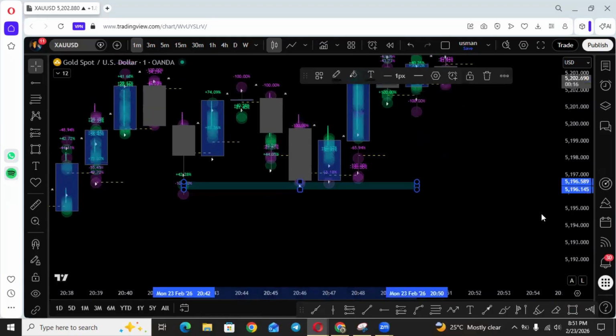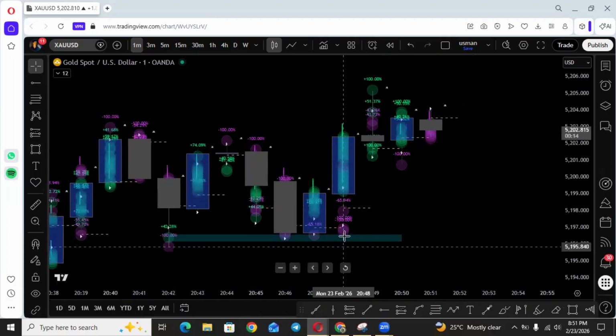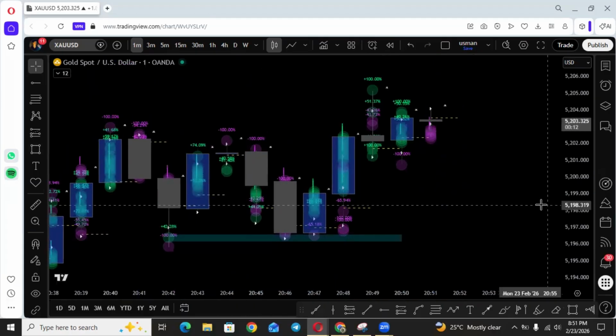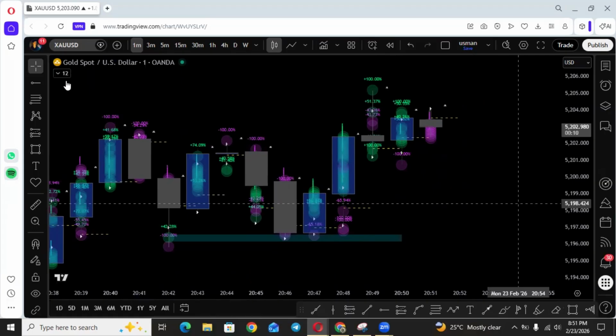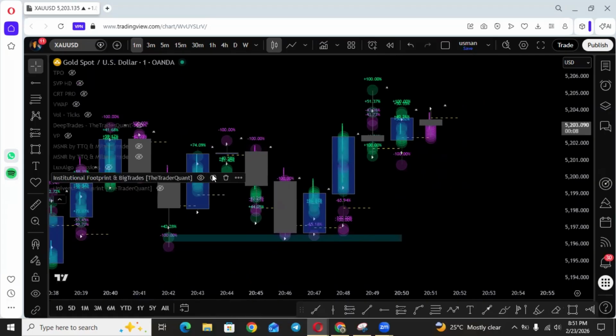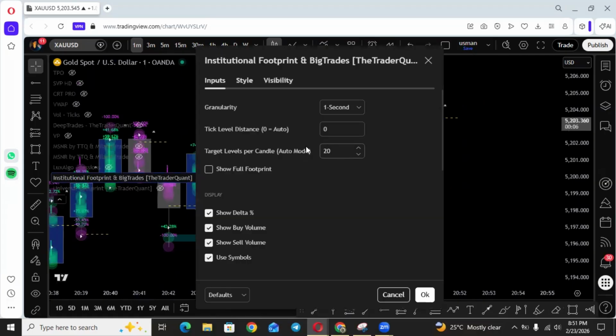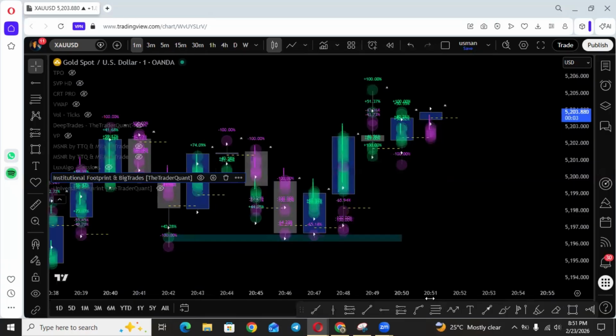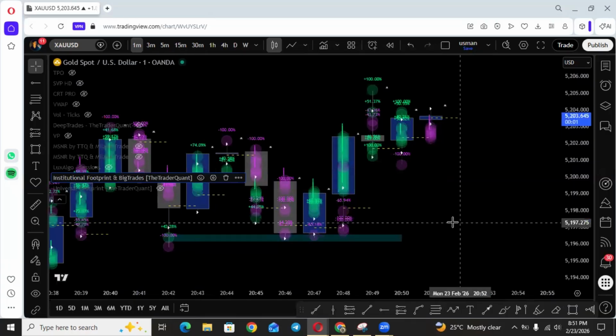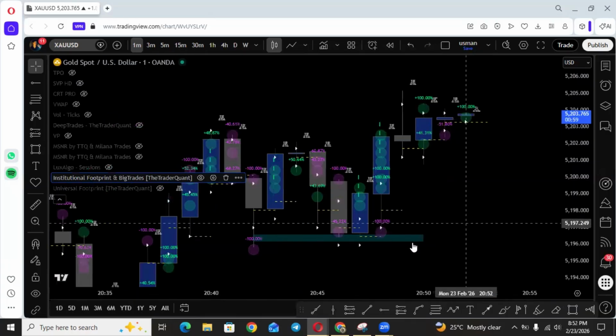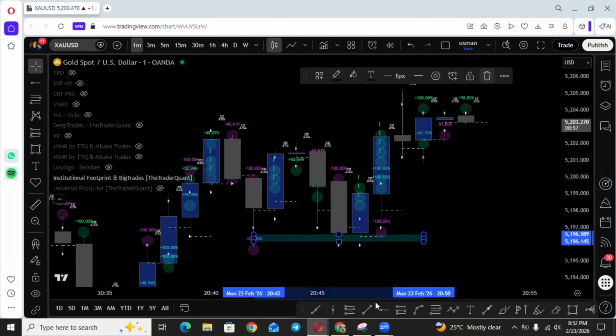And when the market comes to this point, what happened? The market is going up. That's the thing that you need to understand, and that's the edge that our tool provides.